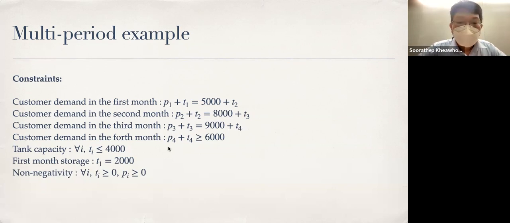And the last one, P4 plus T4 must be greater than or equal to 6,000.